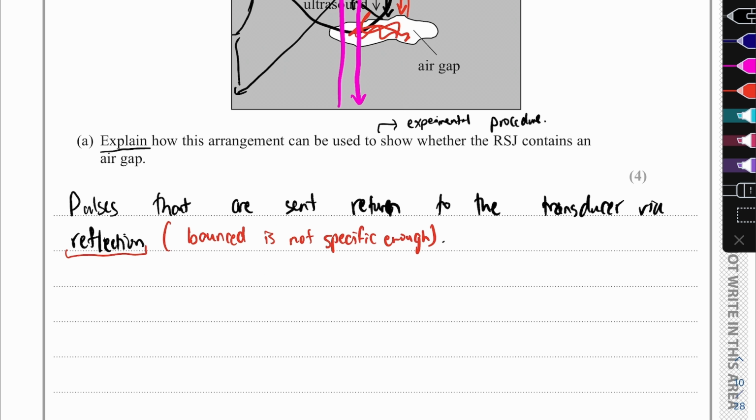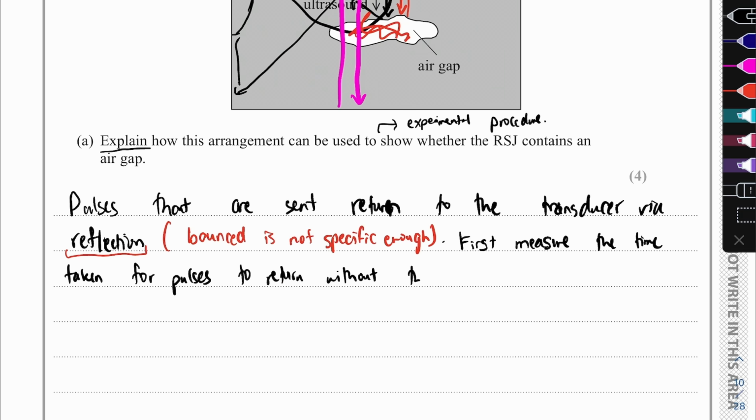We can say that first, measure the time taken for pulses to return without the presence of an air gap. This will give us the time taken for the reflections. Let's first measure the time taken for the pulses to return without the air gap.